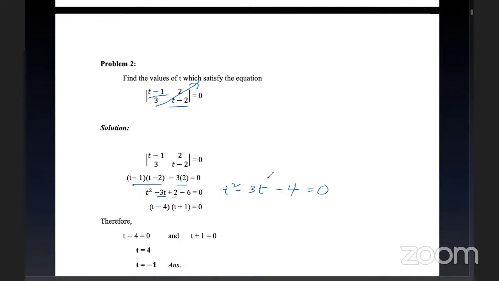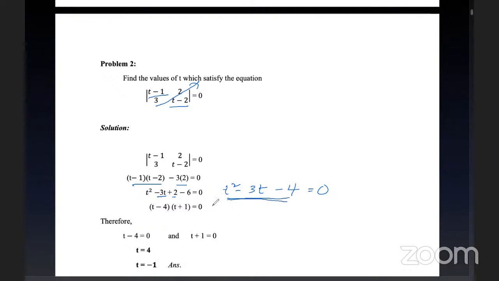And then you factor this. So t minus 4, ayan, check natin, times t plus 1. So these are the factors of this quadratic or this polynomial.